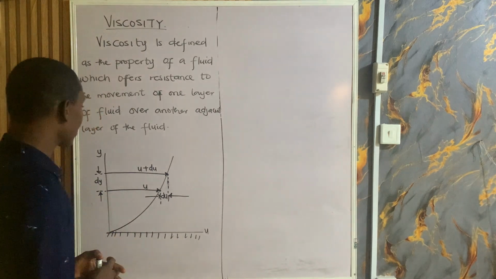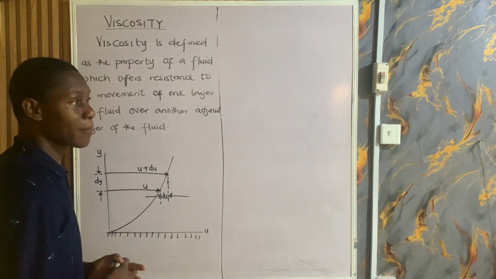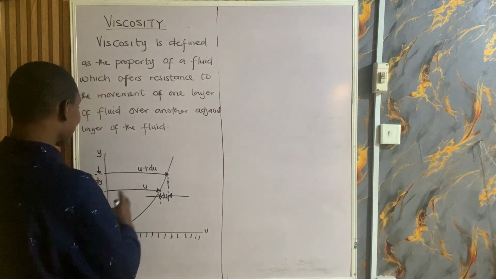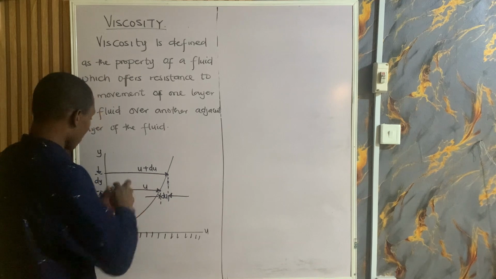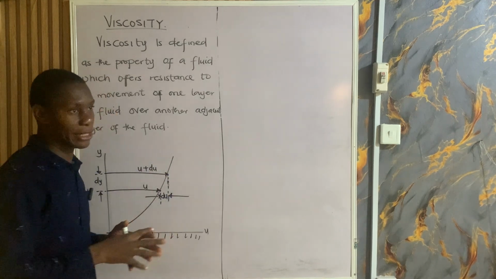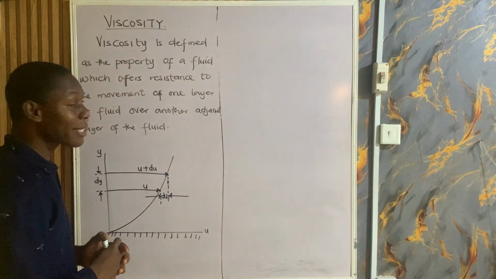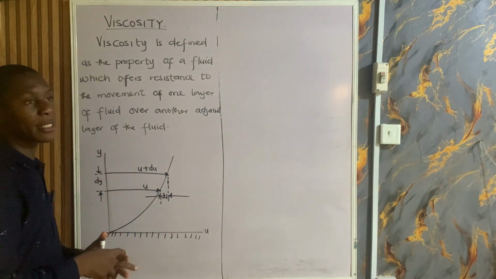Now, let's derive the formula for viscosity. As we look at this, one fluid layer moves with velocity u, and the layer above moves with velocity u plus du. The distance between these two layers is what we call dy.